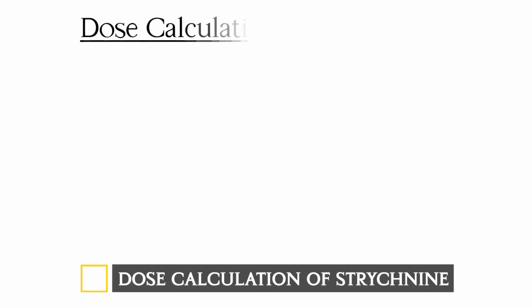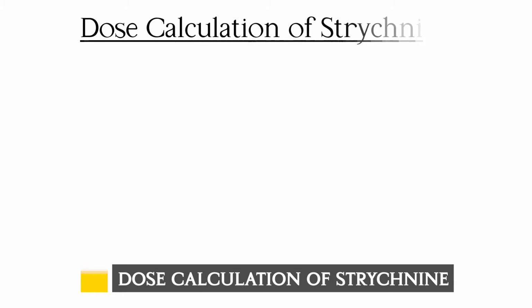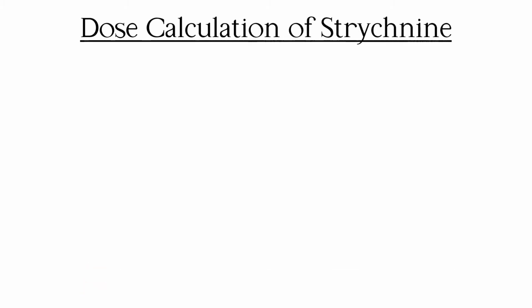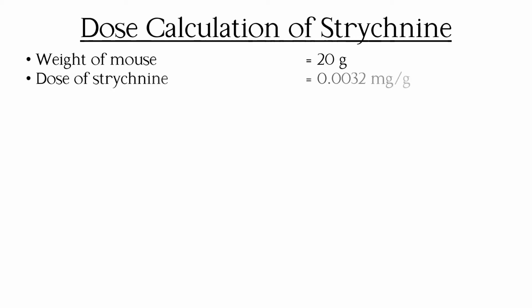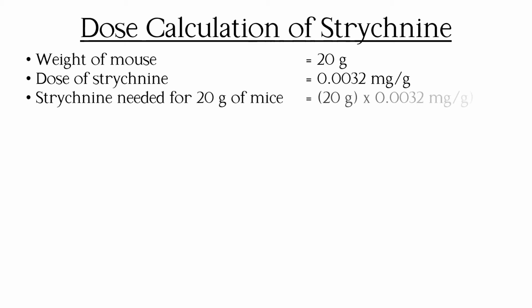Dose calculation of strychnine. The dose of strychnine is 0.0032 mg per gram. The strychnine needed for 20 grams of mice is 20 grams multiplied by 0.0032 mg per gram. So, we get 0.064 mg.